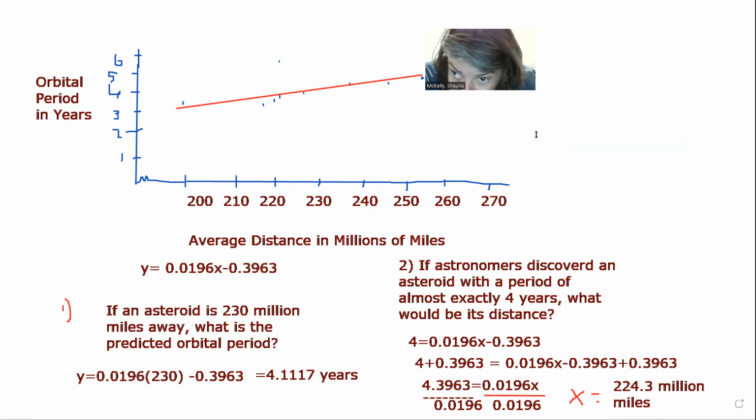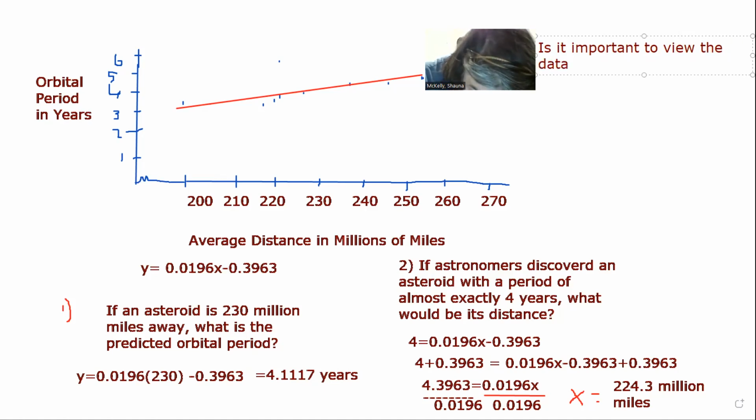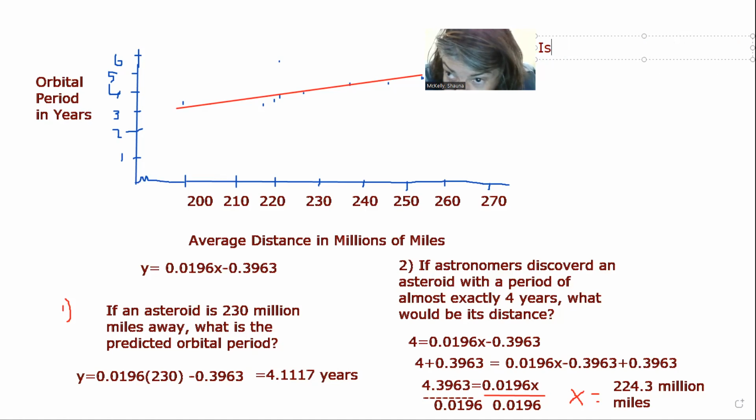Don't forget to answer this part, which is: is it important to view the data? Well, yeah, it is, because we saw what happens when I remove this outlier.